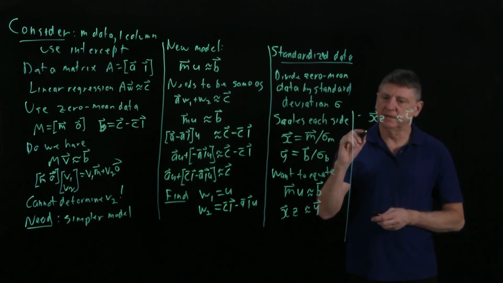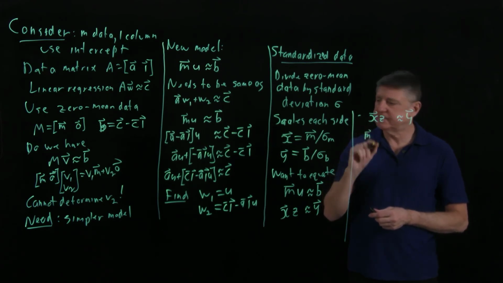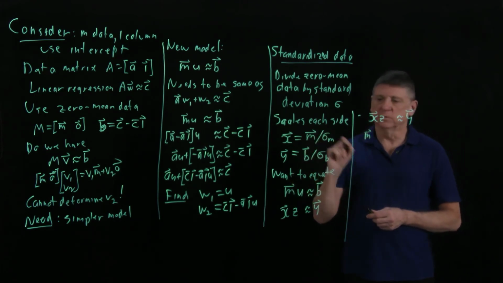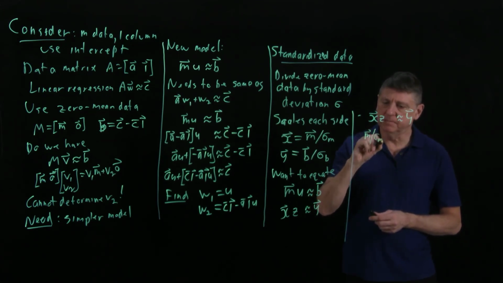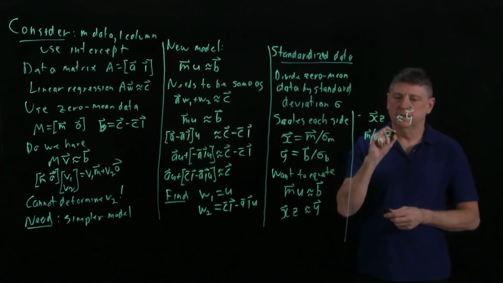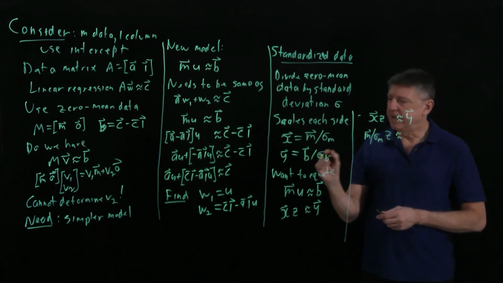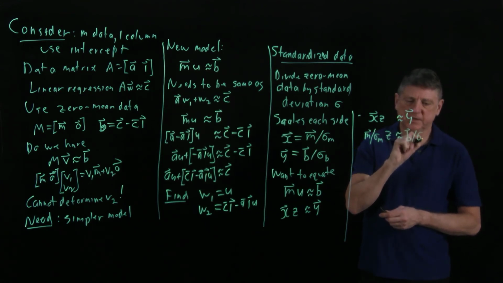And that's equivalent to saying that, let's take m, so x is m over sigma m, so m over sigma m times z is approximately, and y is b over the standard deviation of b.